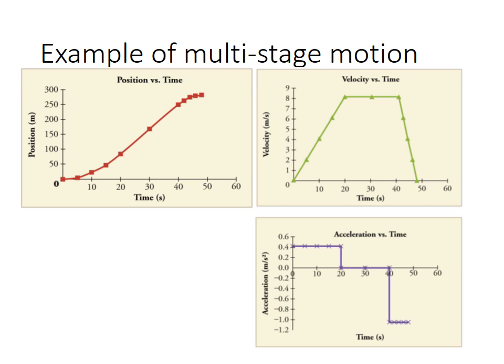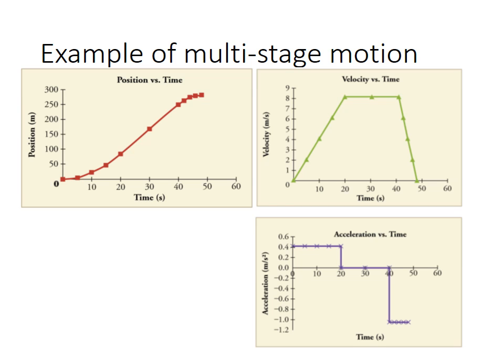Now, sometimes we'll have motion that has multiple stages. You actually did this in the lab. When that happens, you'll have different parts of the graph that have different types of slopes and different shapes. Looking at the position versus time graph first, the one on the top left in red: from time t equals 0 to about t equals 20, it's a concave up curve.